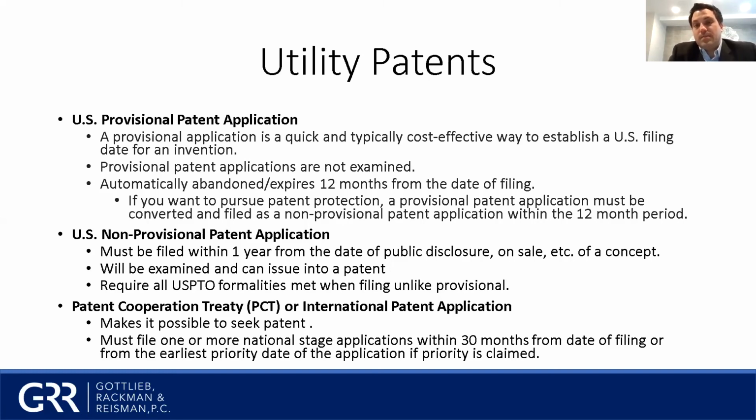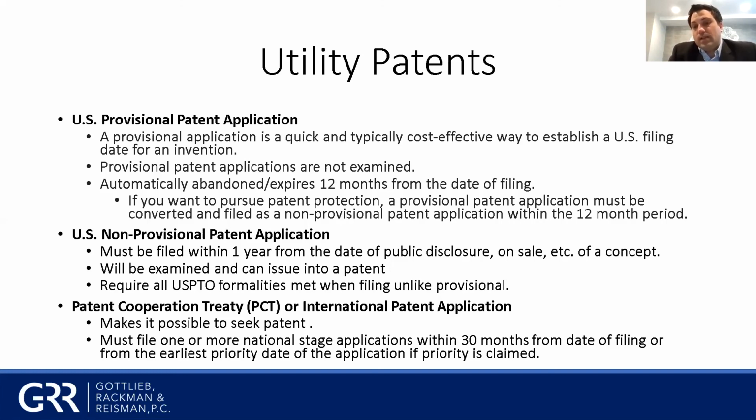For a PCT application, it's very similar to a non-provisional application. The benefit there is that it opens the possibility if someone wants to seek protection outside of the US within 30 months from the earliest filing date. So if you have an interest in filing in Europe or China or Canada, and you know this is down the road, you would want to file a PCT application at some point.